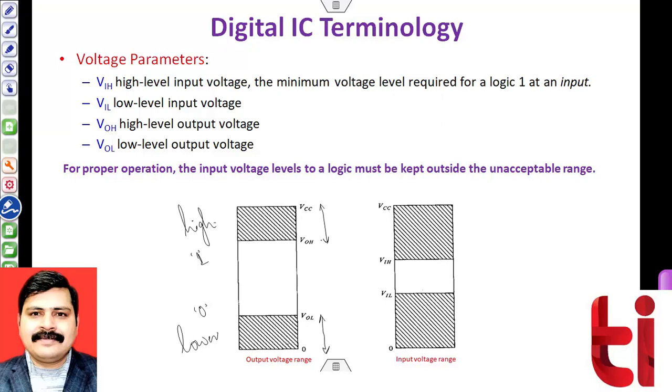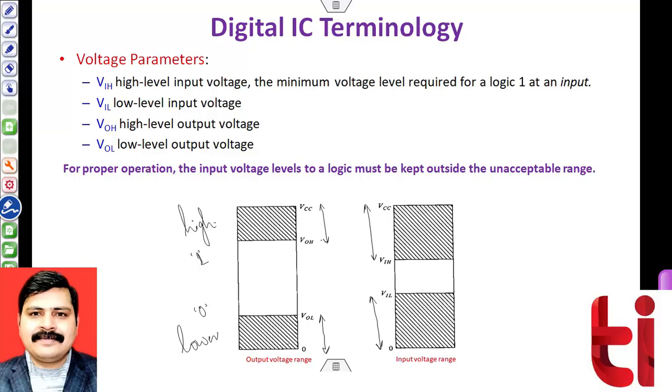Likewise, the range is defined for input voltages also: 0 to VIL, that means the maximum value of the lower level for input voltage, and for logic 1, VIH to VCC, that means the lower level for high logic of the input voltage to the value of VCC.